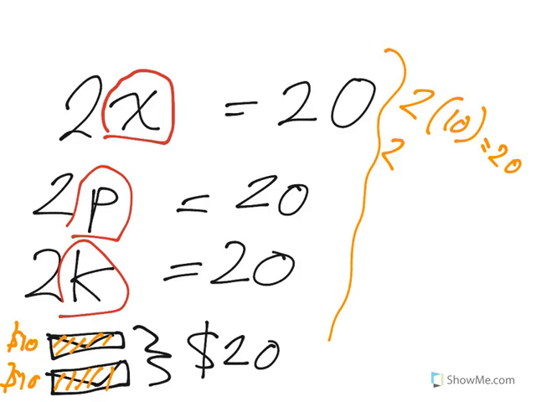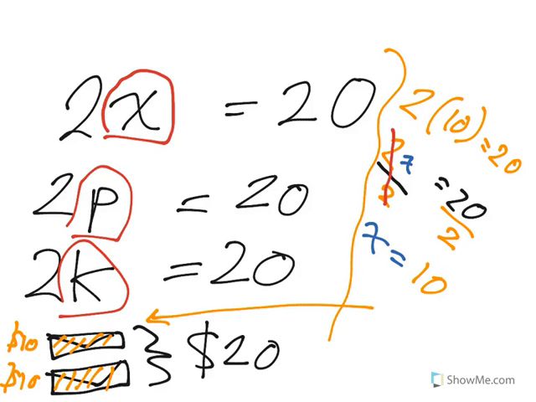If I say 2x equals 20, then to find out what x is, you just divide 20 by 2. Now that leaves us with x equals 20 divided by 2, which is 10. It's the same answer, isn't it?